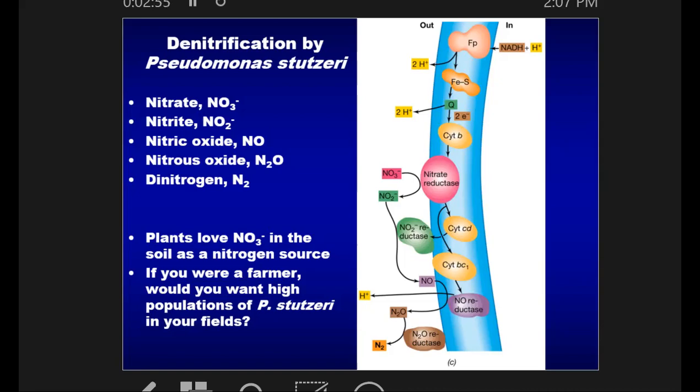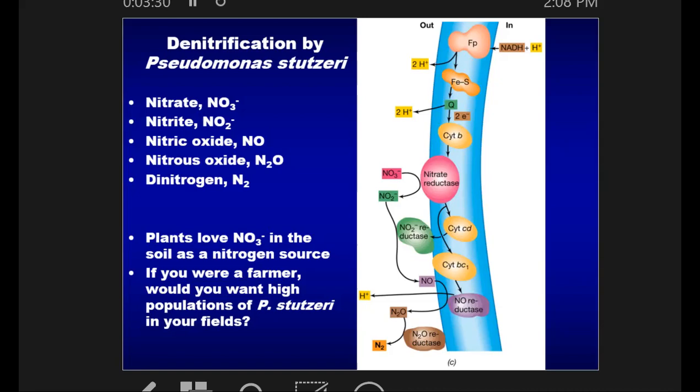So electrons are going from donor to acceptor. The way they drew this, who is the terminal or ultimate electron acceptor? You can just say the letters or numbers. N2O, the ultimate electron acceptor, down to N2.